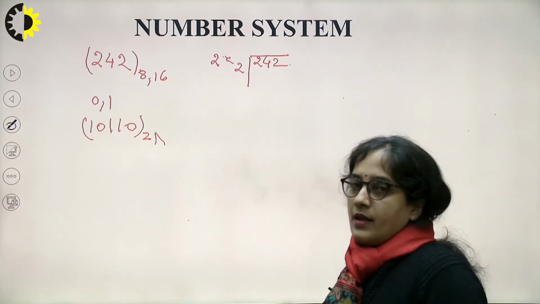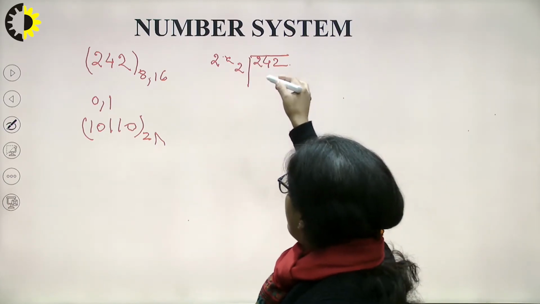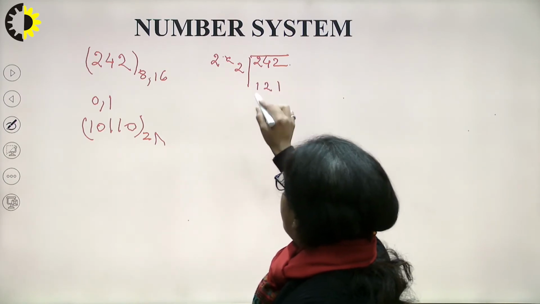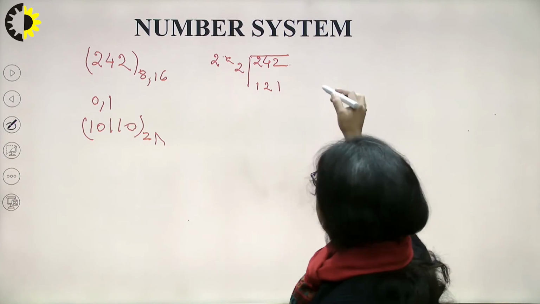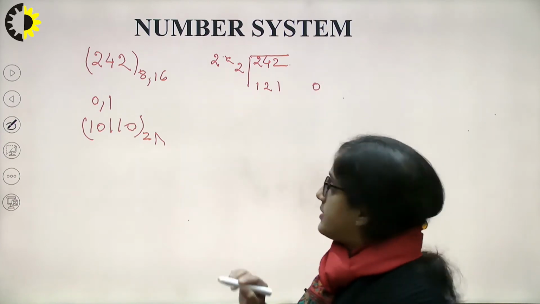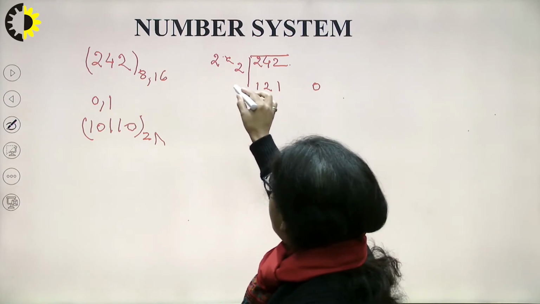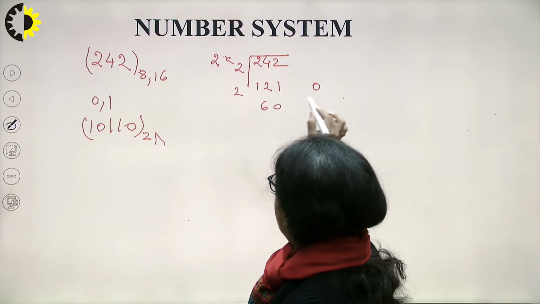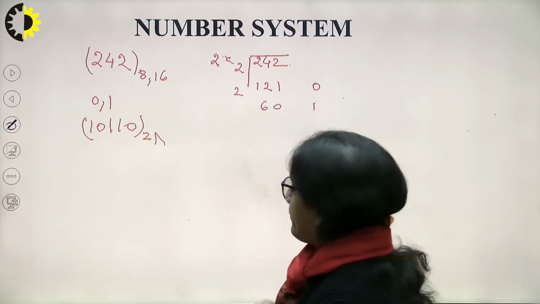Whatever the quotient, that is 121, we write here, and the remainder, 0, is placed outside. Then again we divide by 2, it will be 60, remainder 1.